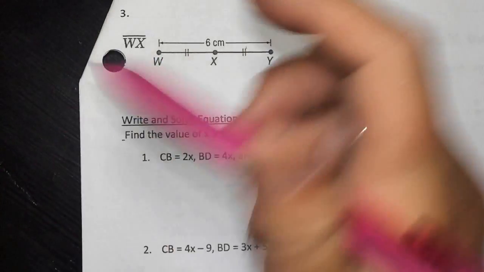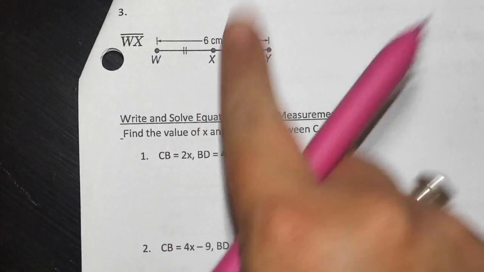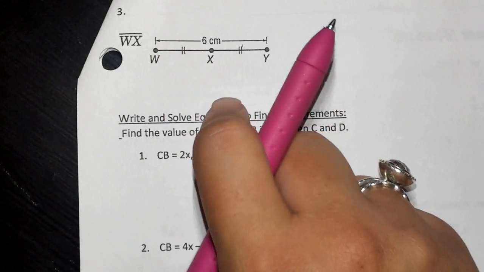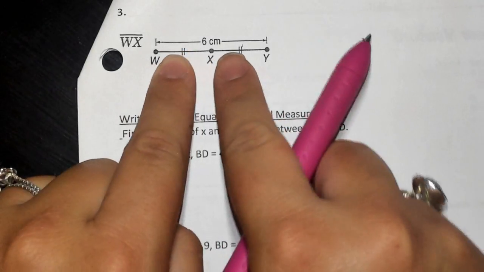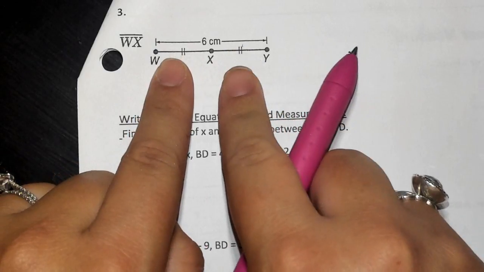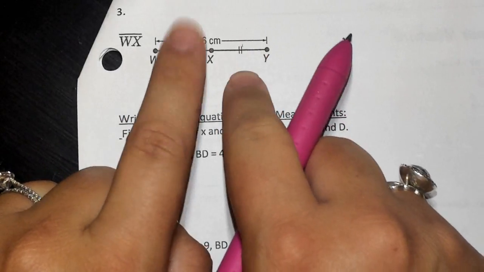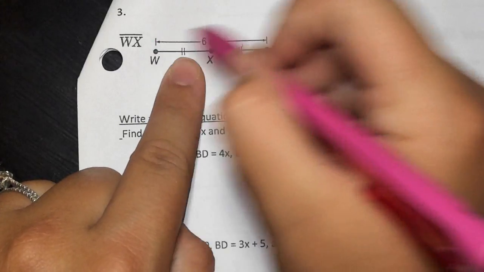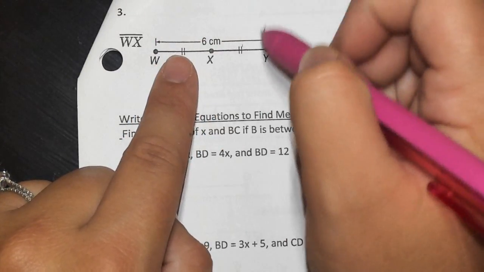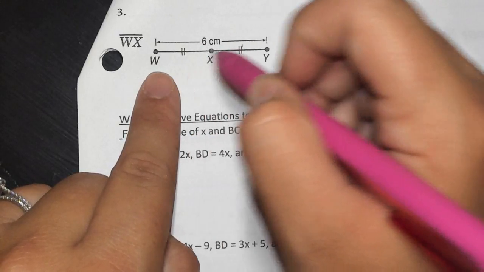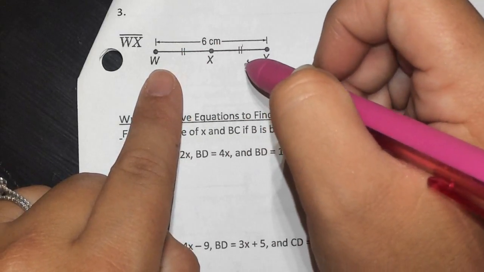Okay, you see these dashes right here? How many is on each side? 2. Now, here's the thing about these dashes. If they both have the same amount, which they do, that means that they are equal. They're the same. They're congruent. So I know the whole piece is 6, right? And it's split into 2 equal pieces. So how much is each one? 3.